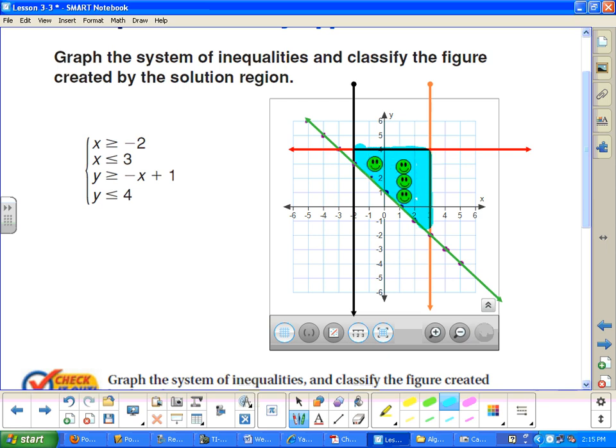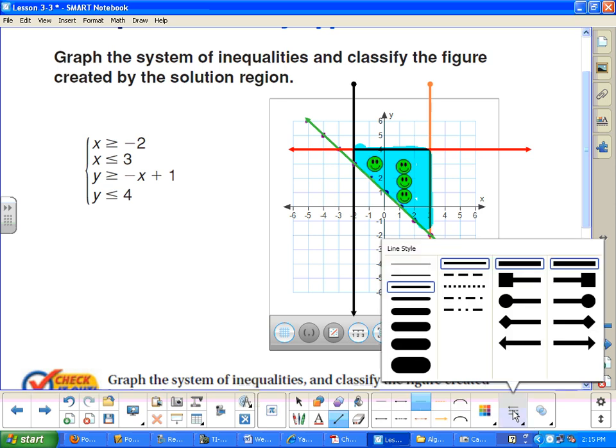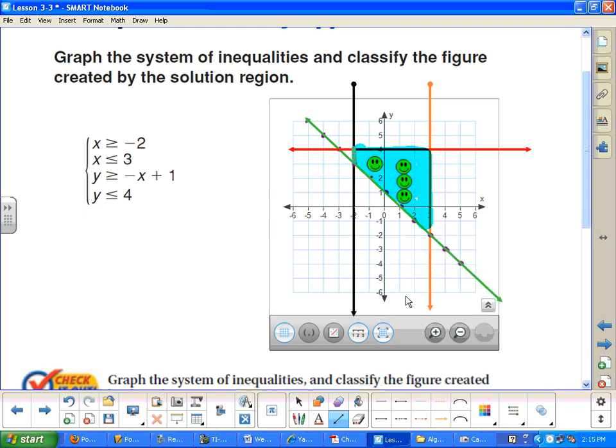Which if I highlight that, so let me highlight that with a line. It looks like, nope, it's not a triangle. What is that? It's a quadrilateral.